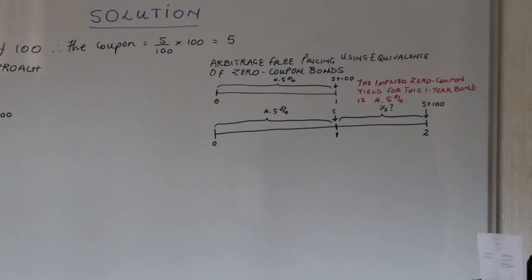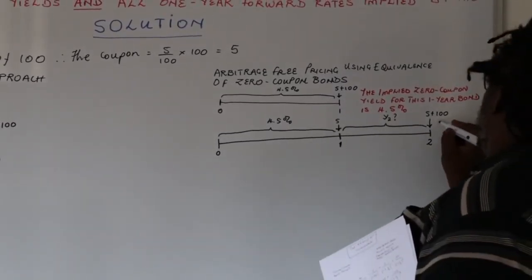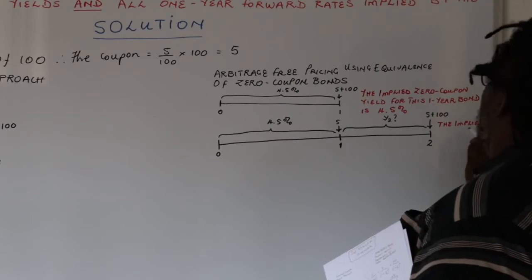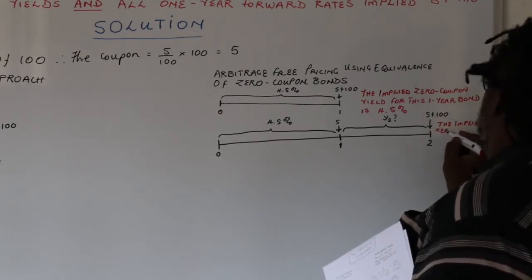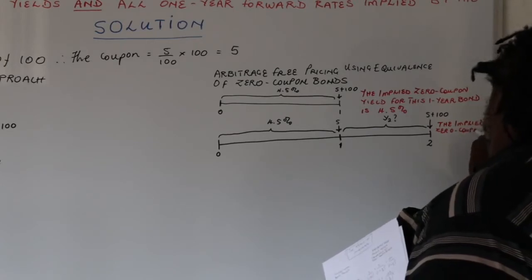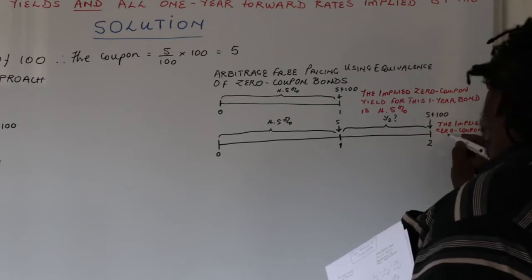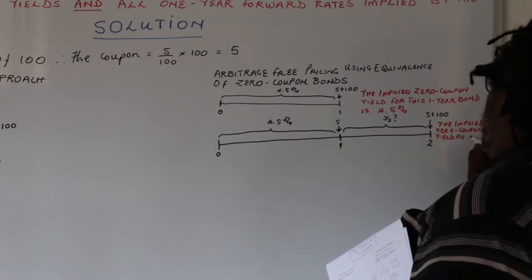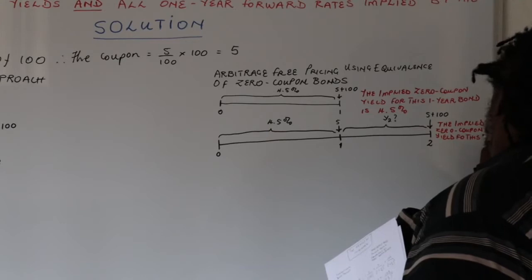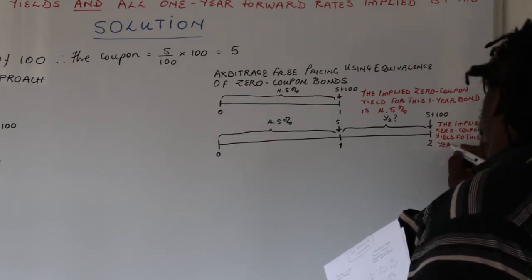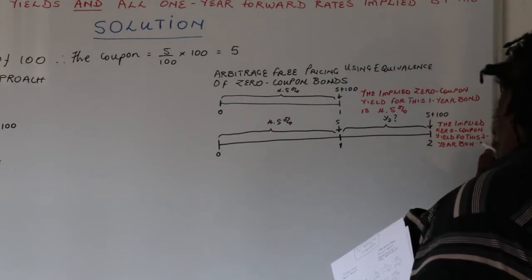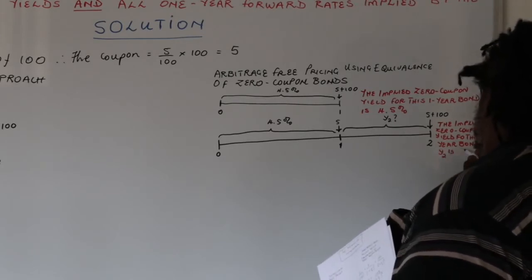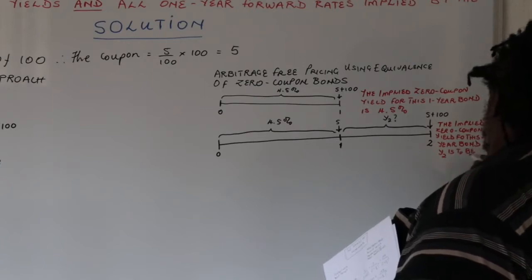So the implied zero coupon yield for this 2-year bond, Y2, is to be calculated.